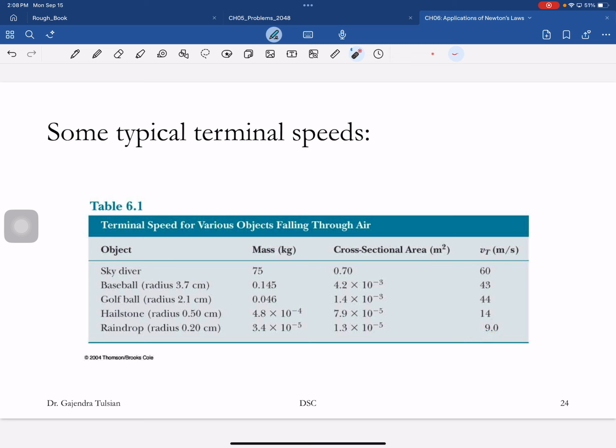You definitely don't want to walk when it's raining golf balls. Here's the terminal velocity for a baseball. See, that's faster than 100 miles an hour. So I can throw a baseball faster than 100 miles an hour. All I have to do is go high enough up and drop it.